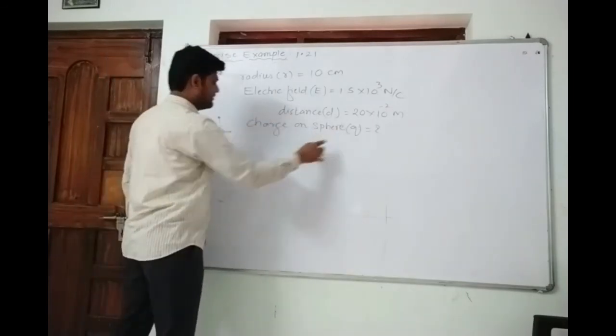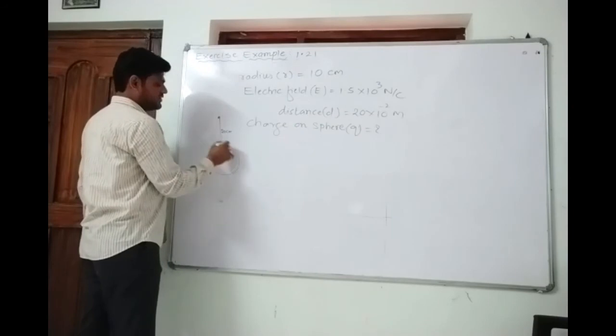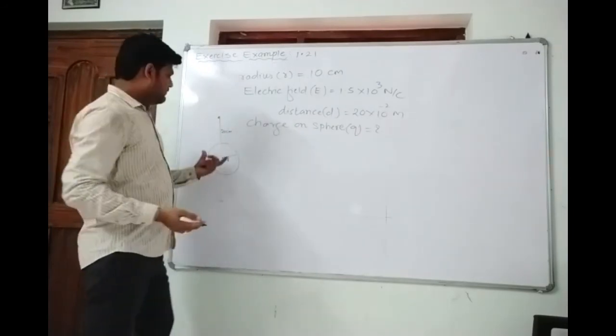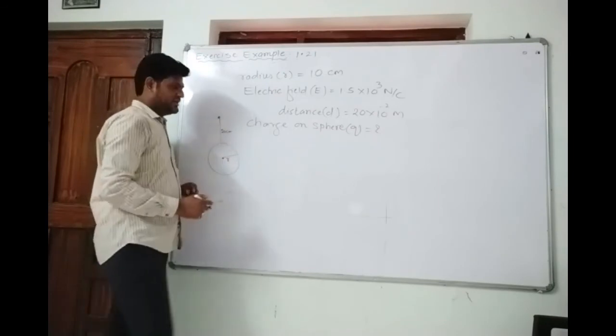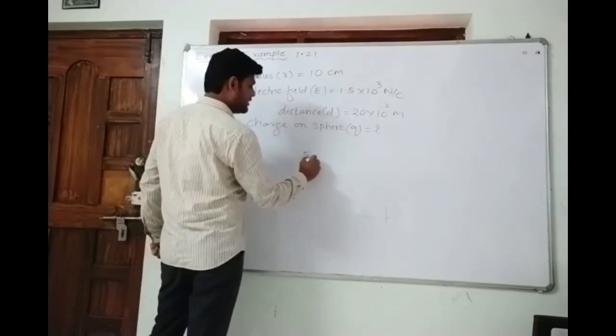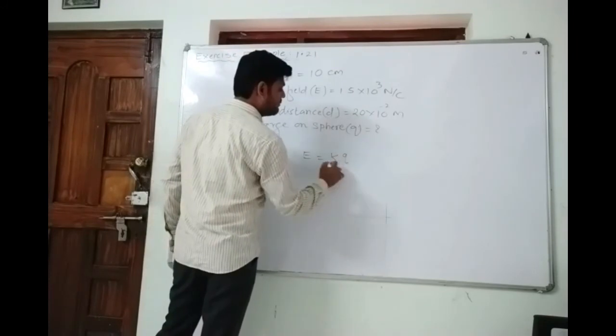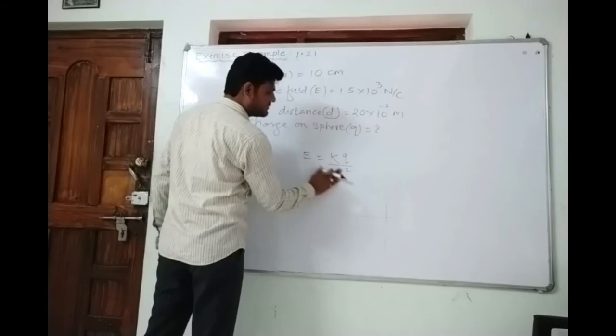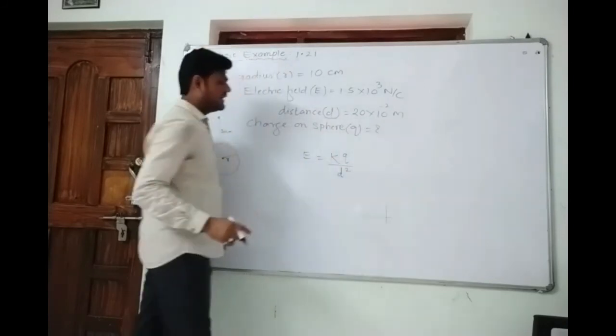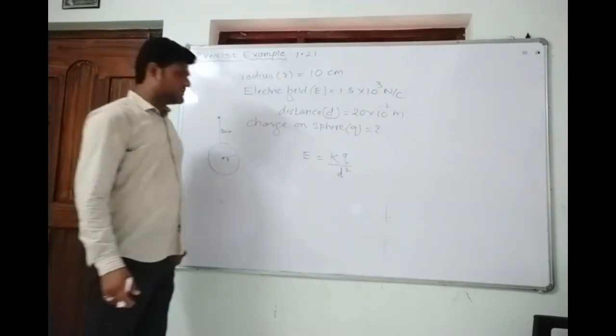Find the charge on the sphere. We can consider these charges as a point charge. So using the formula E equal to KQ by r square, here the distance we denote by letter D, so we write KQ by D square.